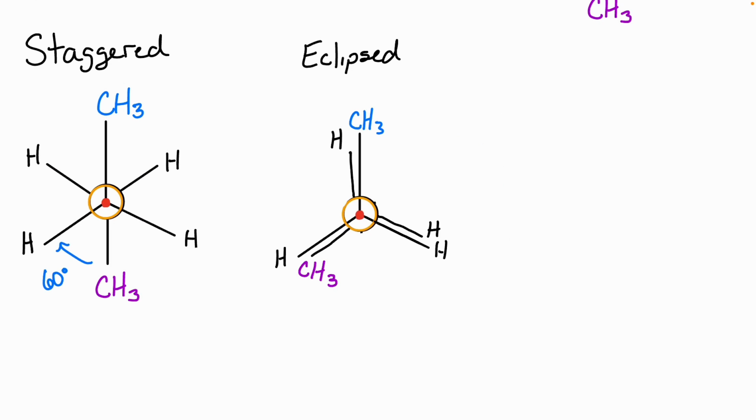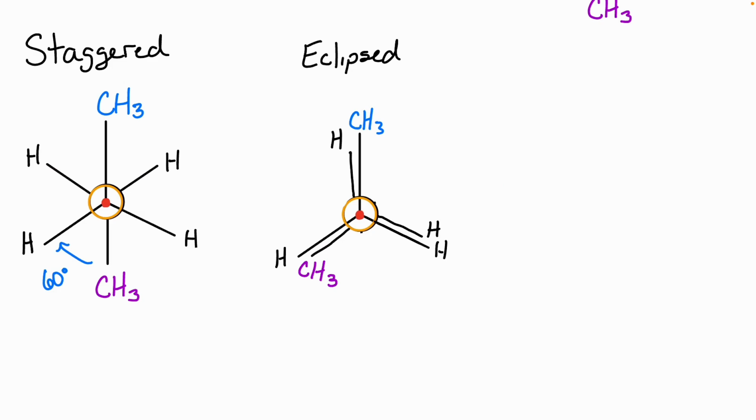Okay, eclipsed conformation. To be clear, I took my butane, I took this back carbon, and I rotated it 60 degrees, and now the bonds on the front carbon are parallel to the bonds on the back carbon. This is what we call an eclipsed conformation. And this is bad. This is higher energy.